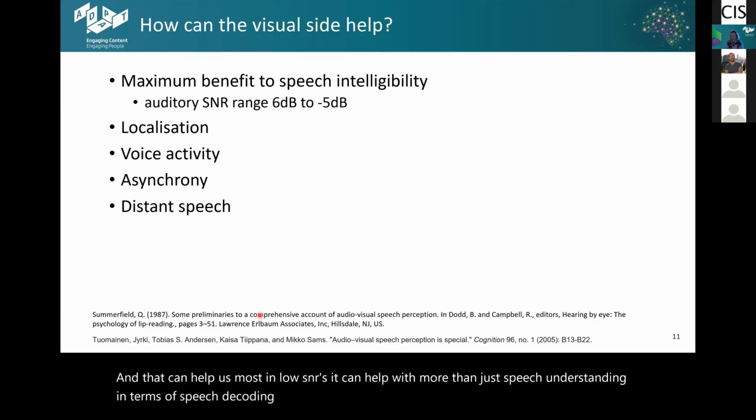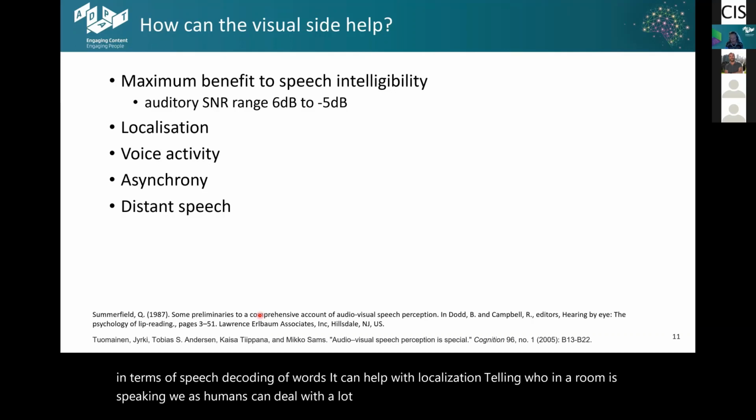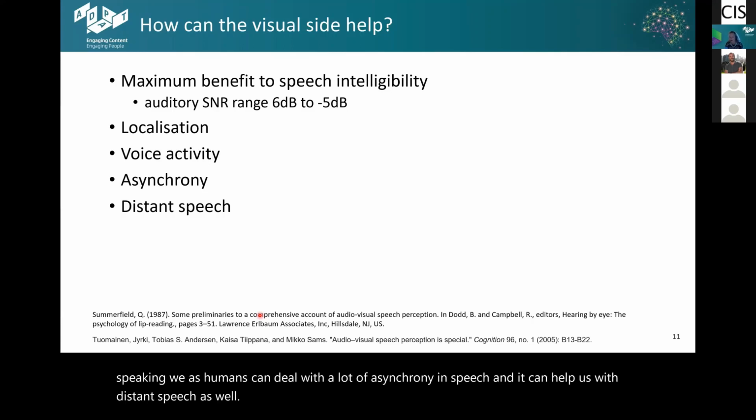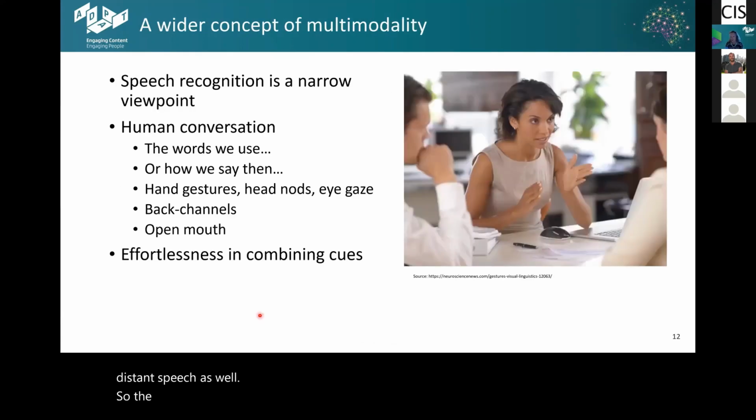If you think of a less controlled human conversation, there's everything from the words we use, how we say them, the intonation we use, head gestures, nods, eye gaze, the back channels, like when we're signaling that we understand and someone can keep going.